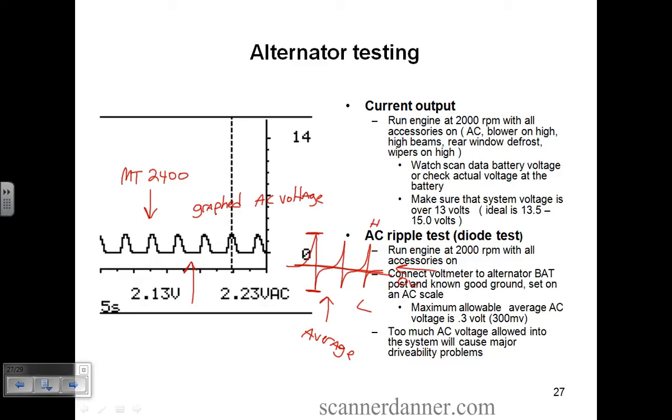I'm comfortable with it. I used to use under 500 millivolts, and I think it's less than 300 millivolts AC is allowable in that system, and that would be an average, guys, an average graphed AC, not the peak to peak. So this 300 millivolt AC is our average number. I'm going to show you another case study where we can emphasize this a little bit more.